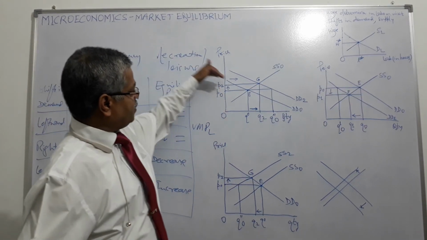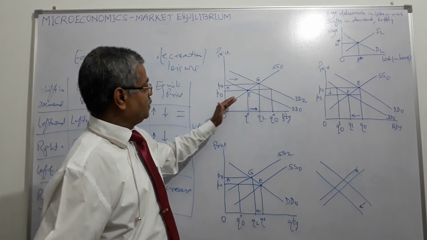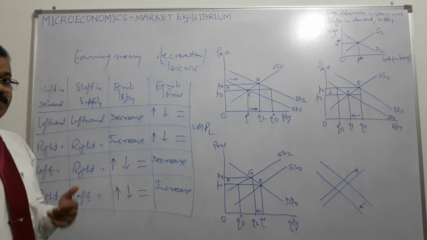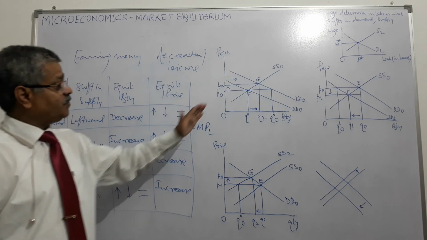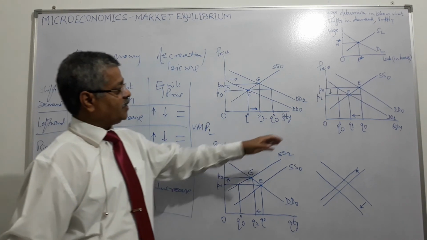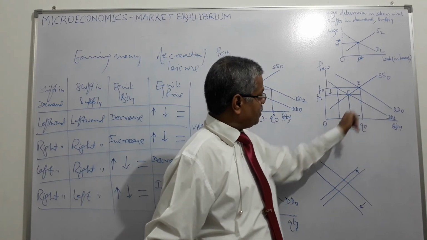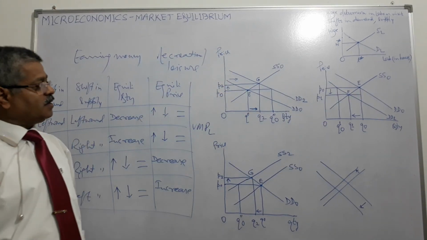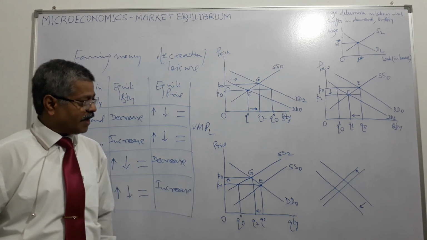Here the demand curve has shifted from DD0 to DD2, and the supply curve remains the same, because the supply curve generally gets affected with change in technology and change in input prices. But here we have considered those things as constant, right? And then we have seen the shifting of the demand curve from DD0 to DD1 this way, with the supply curve remaining constant, right? And then we have seen the shift in the supply curve.